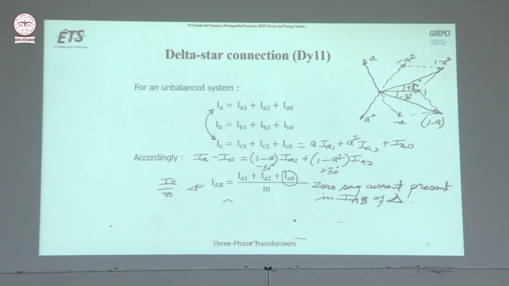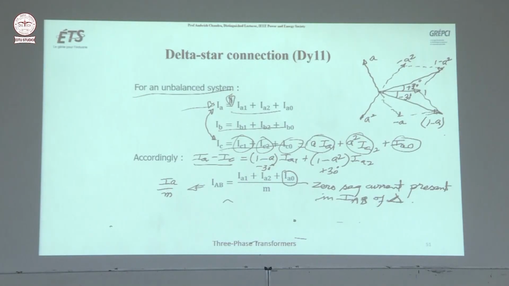Okay, now if you have an unbalanced system, you can write IA equal to this, the same symmetrical components. And then you can write IC1, IC2 equal to this, IC0 equal to this, because IA0 equal to IB0 equal to IC0. Then you can simplify the negative value, and here you can see 1 is here, and a.